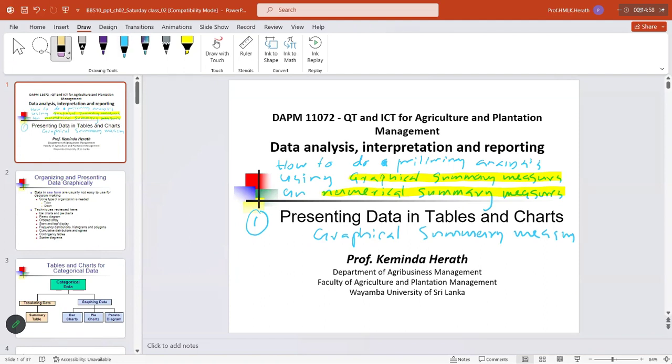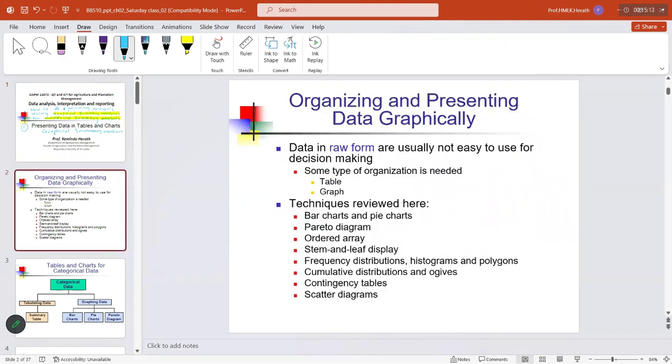This is graphical summary measures. These are the things that we will be discussing about graphical summary measures.